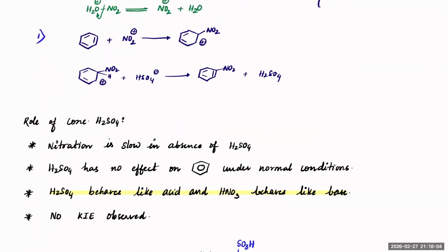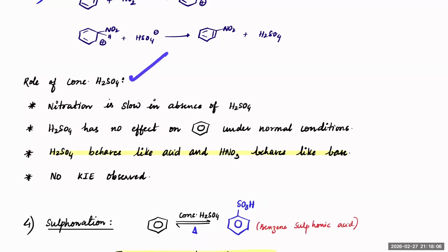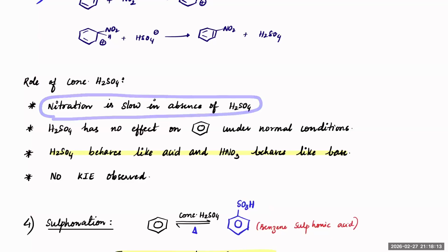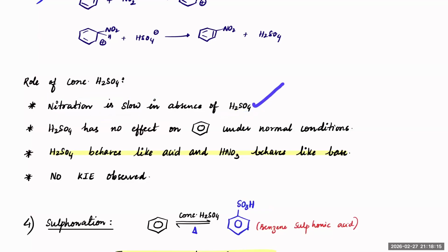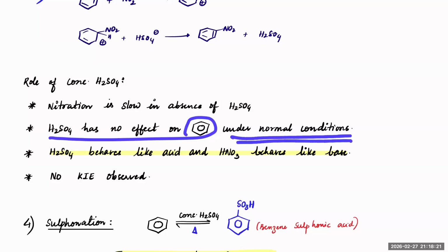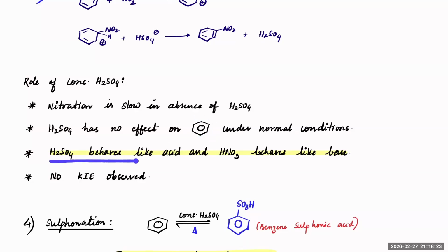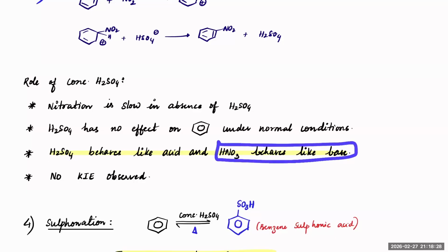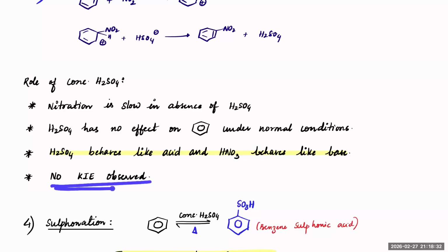Now notice the role of concentrated H2SO4 here. Nitration is effectively a slow process in the absence of H2SO4. H2SO4 has no effect on benzene under normal conditions. H2SO4 behaves like an acid and HNO3 behaves like a base here. There is no kinetic isotopic effect observed during nitration.